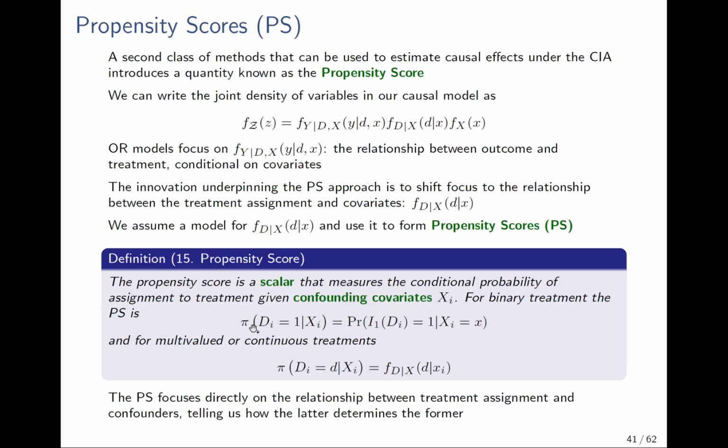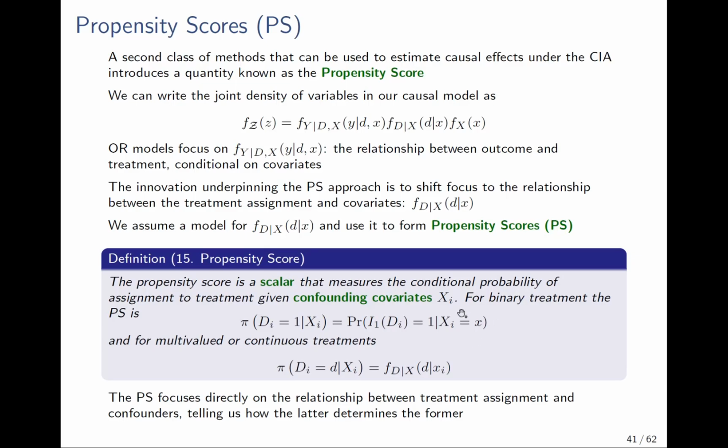So for binary treatments, the propensity score is denoted pi, the conditional probability of d given x. It's the probability of being treated given the vector of covariates that unit i has.